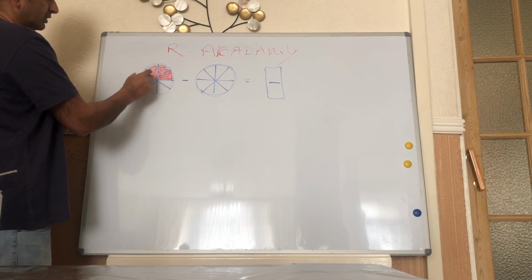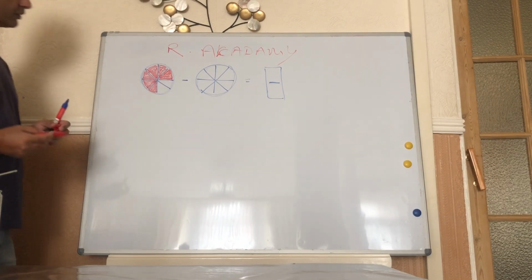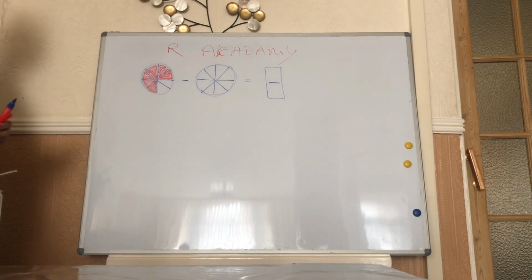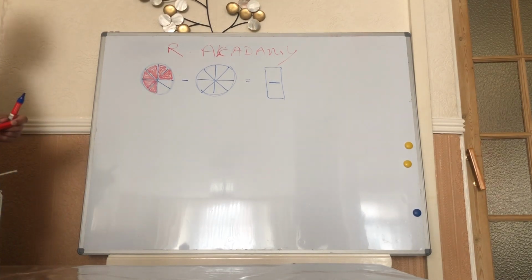But yeah, you've got 6 slices here. That's 5. Nearly there. 6. There you go. So basically you got 6 slices shaded and the other 2 are free. They're not there.